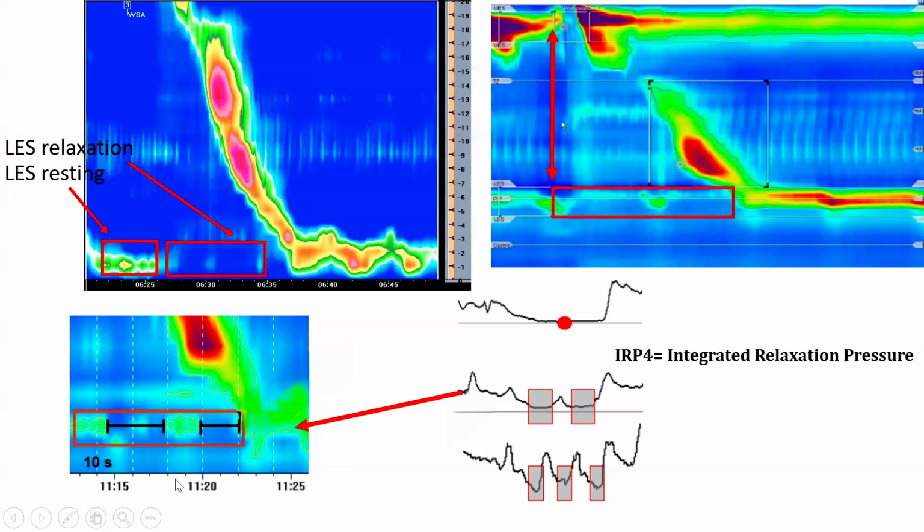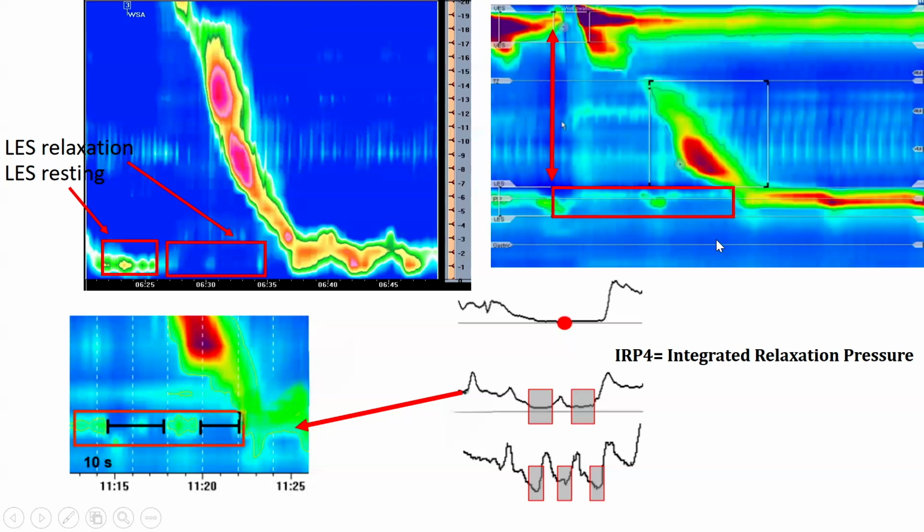This value is calculated in reference to the pressure in the stomach. We can see here the line measuring the pressure in the stomach. So the pressure inside this window is in reference to this pressure.